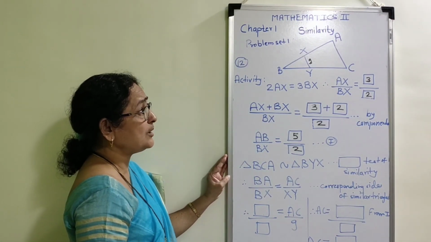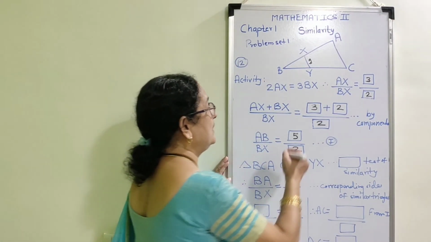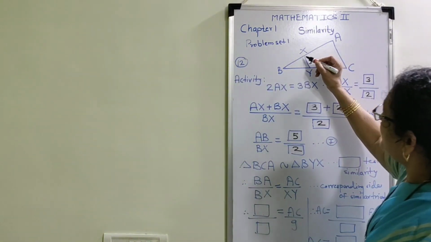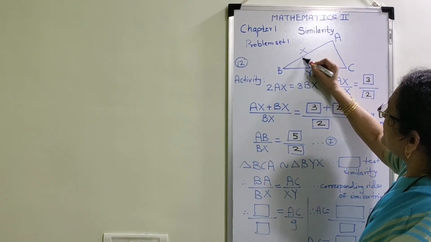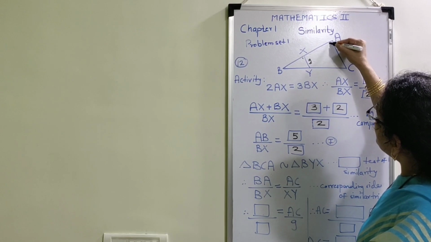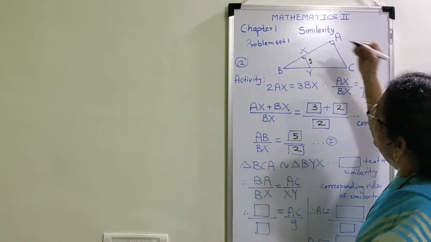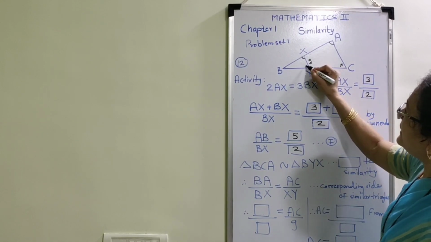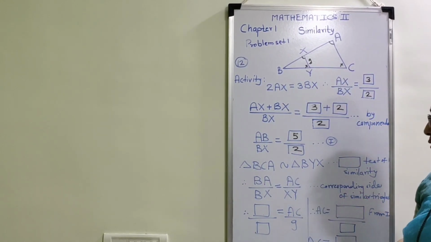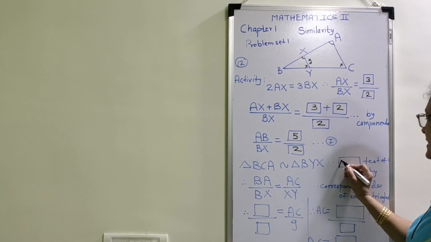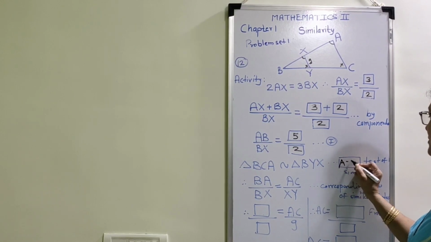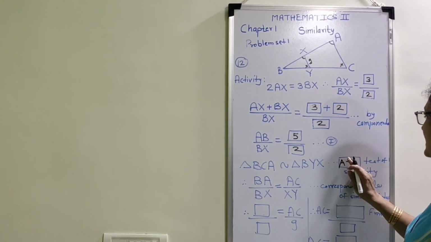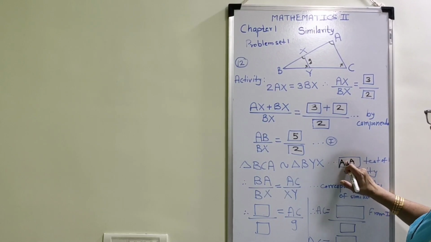Now just now we have completed one important example. In that example we have learned that these two angles, this angle and this angle, are a pair of corresponding angles. Also this angle and this angle are a pair of corresponding angles, and therefore these two triangles are similar to each other by the AA test of similarity.